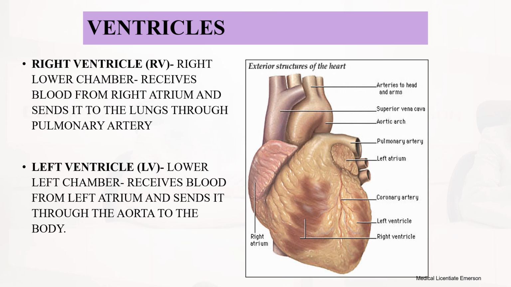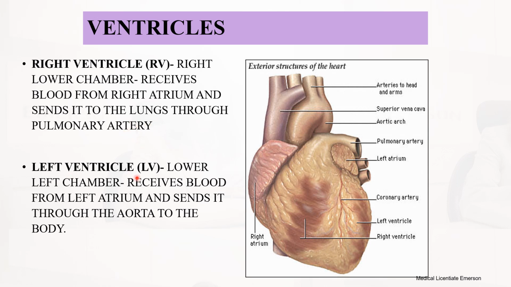Okay, and then we have the ventricles. So the ventricles, we have two ventricles in the heart. Of course, ventricles are not only found in the heart. For instance, there are 4 ventricles inside the brain. But for the heart specifically, ventricles are 2, and we have the right ventricle, which is found in the right lower chamber, which receives blood from the right atrium and sends it to the lungs through the pulmonary artery.